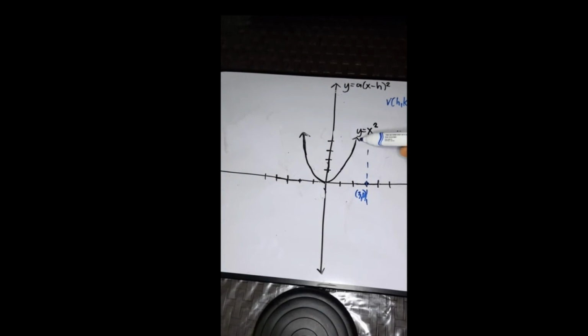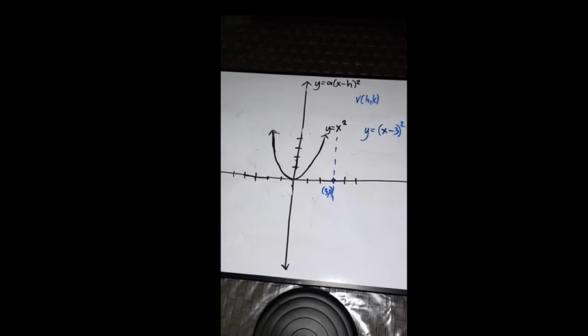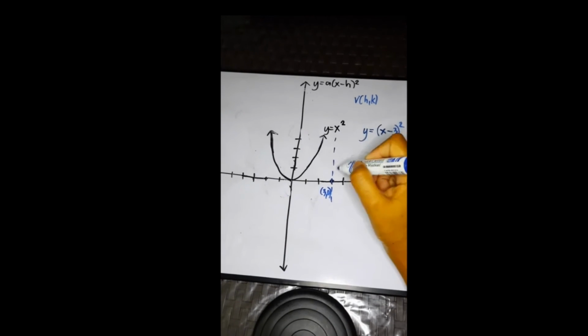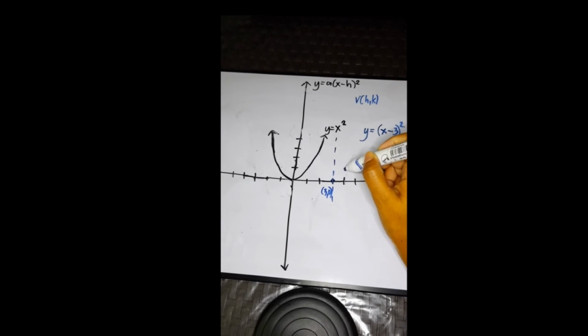So from y is equal to x squared, if we are going to shift the graph of our quadratic function, therefore it will now become y is equal to x minus 3 squared. So if x is 4, our y, since ito yung vertex natin, so 3, 0. So if x is 4, our y is 1. So most probably nandito.